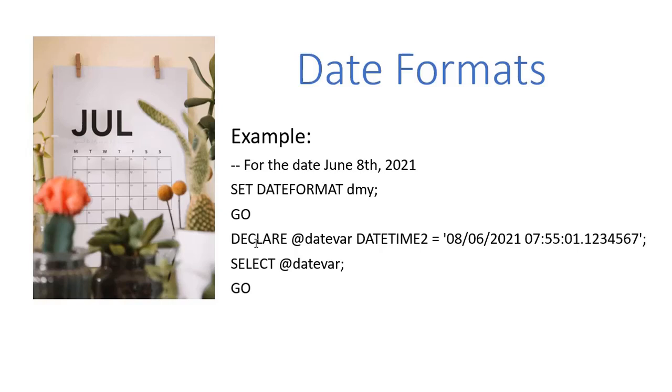Here I declare a variable called @DateBar of data type DateTime2, and I set it equal to, in parentheses, the 8th day of the 6th month, 2021, 7:55 a.m. with a decimal. When I do the select @ variable, then I will see this, but it won't say August 6th, it will say June 8th.